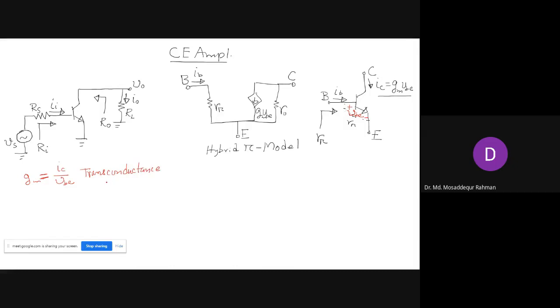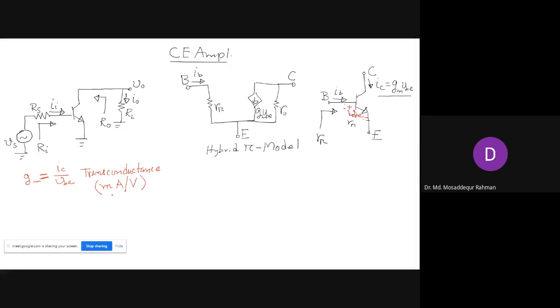In electronic circuits, currents are usually in the range of milliampere, so milliampere is taken as the standard unit instead of ampere. Voltage is in volt. So the unit for the transconductance is milliampere per volt.